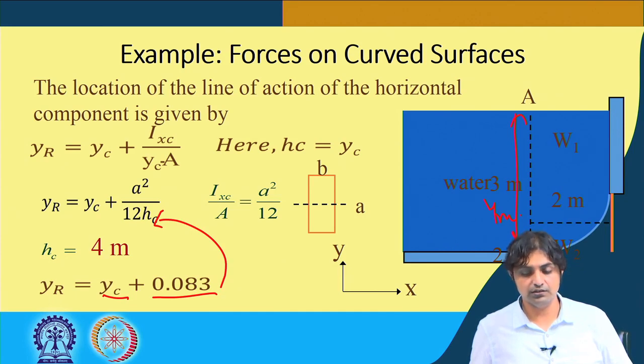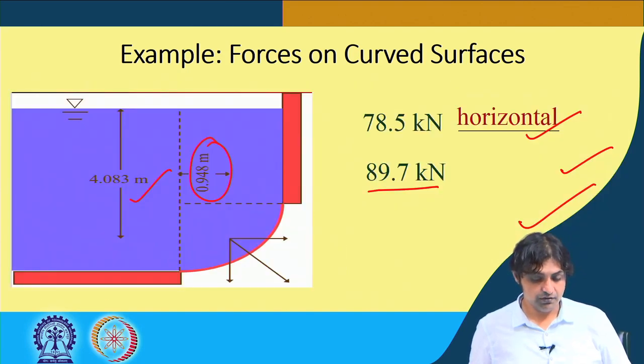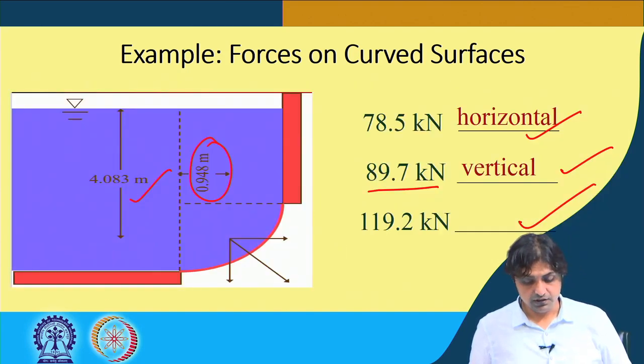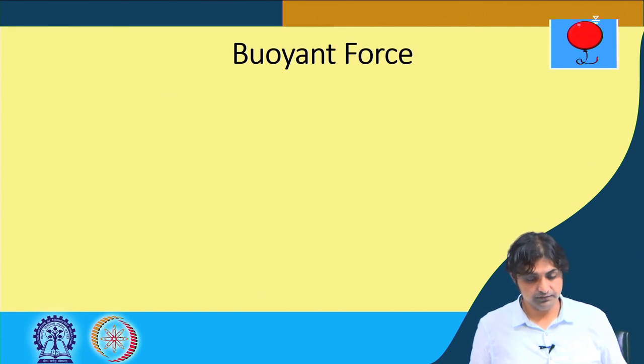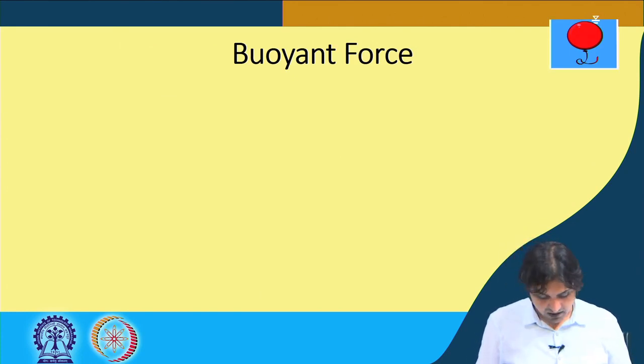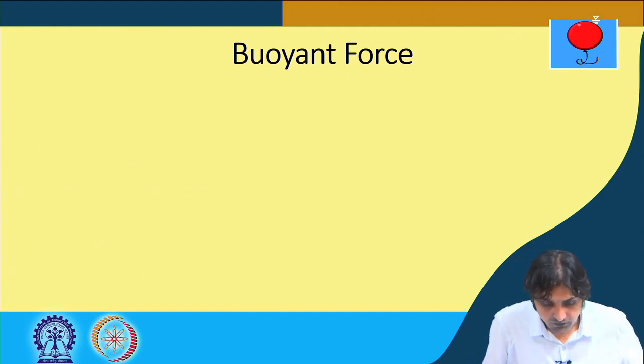Because the surface is three dimensional, but in the plane of 2D, the projected area is very simple to work with. So we will now proceed to the last topic, that is buoyant force, after which we will also solve some problems.